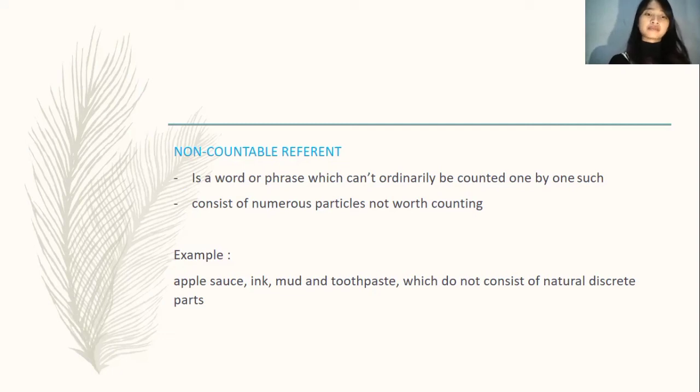For example, apple sauce, we cannot count it because of its shape. There are also hair, sand, and other things that we cannot count. It means they do not consist of natural discrete parts.